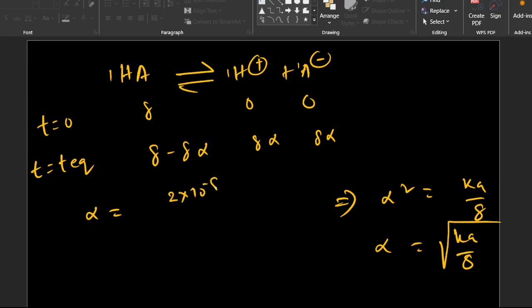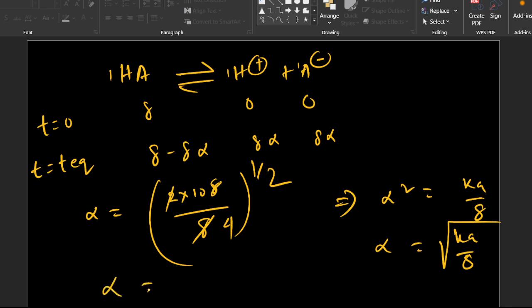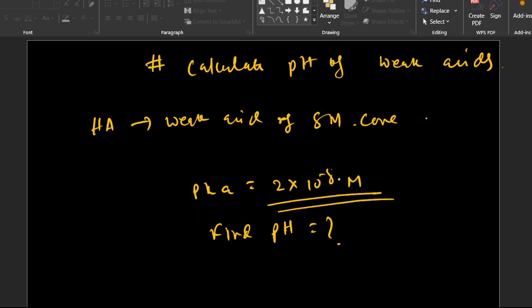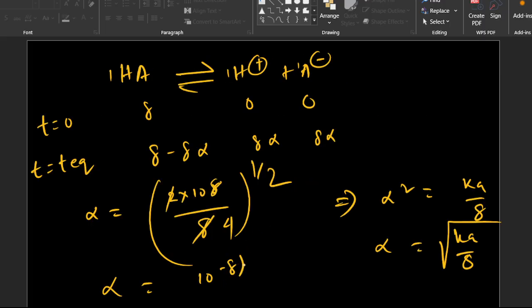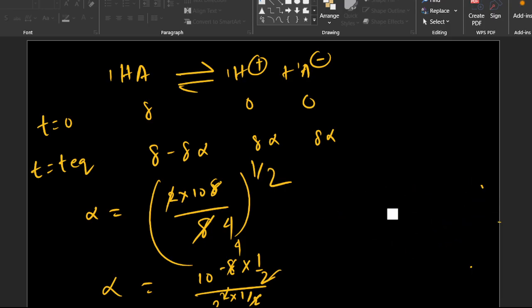Square root means power 1 by 2, so the 2s cancel, and alpha equals 10 raised to minus 4 by 2.